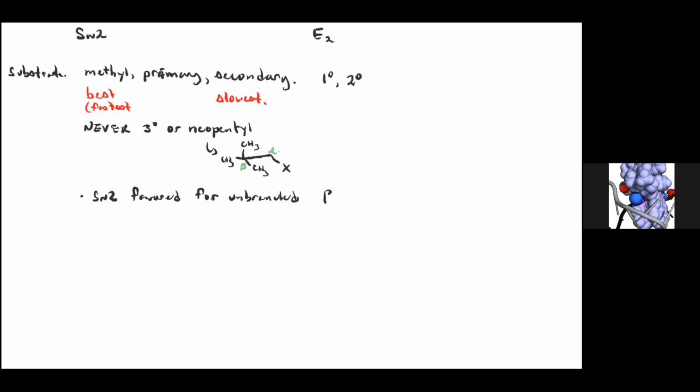So, for example, if we just considered a secondary substrate like 2-bromopropane.